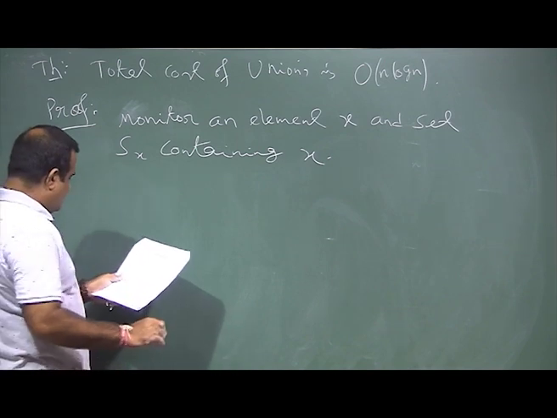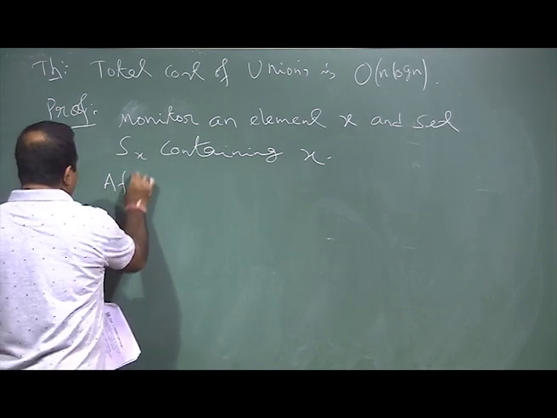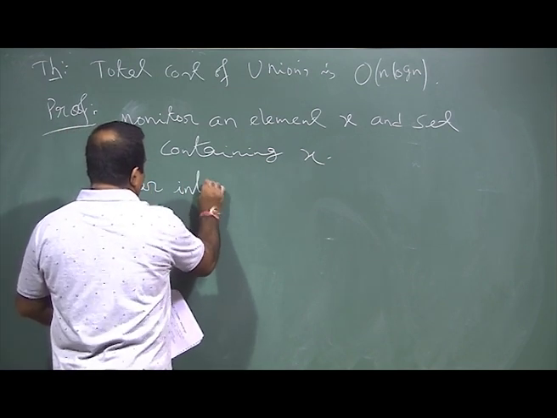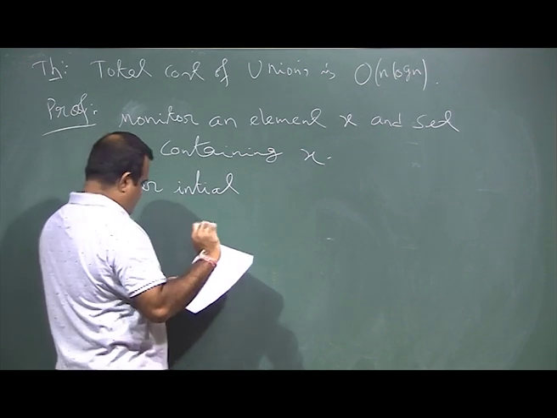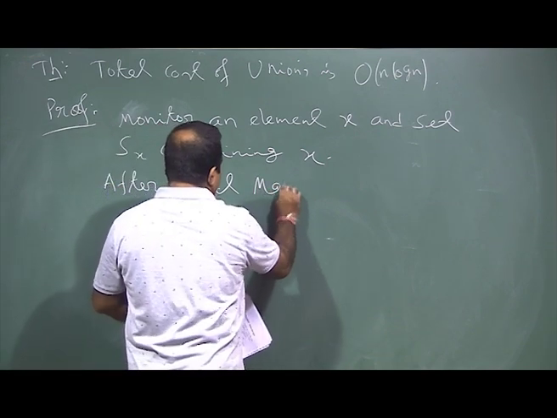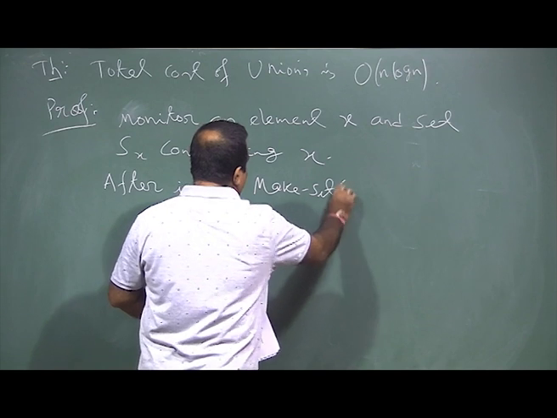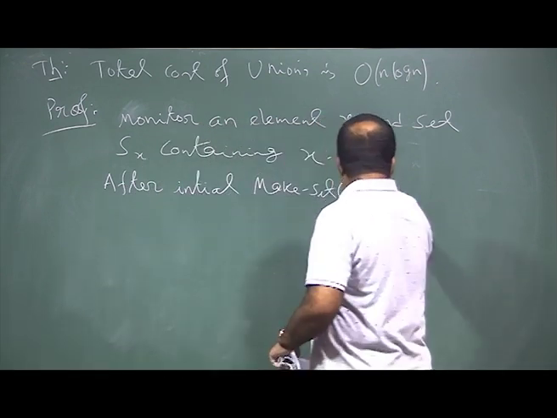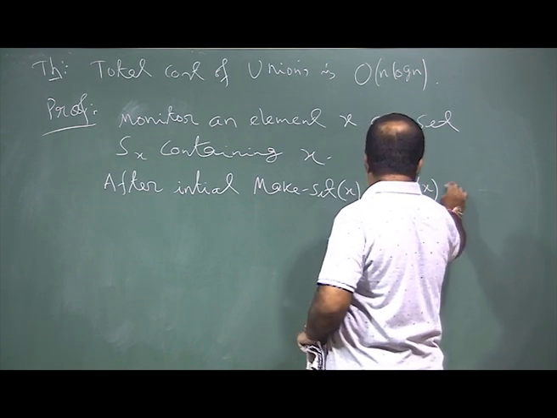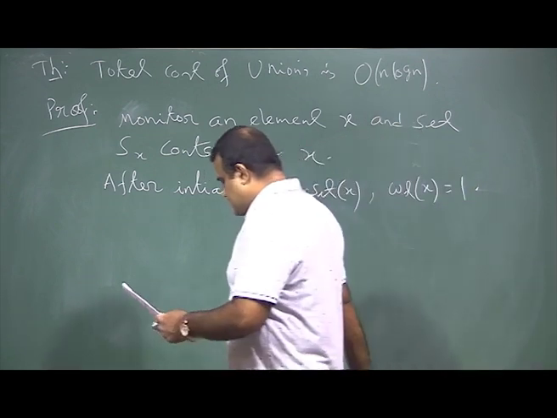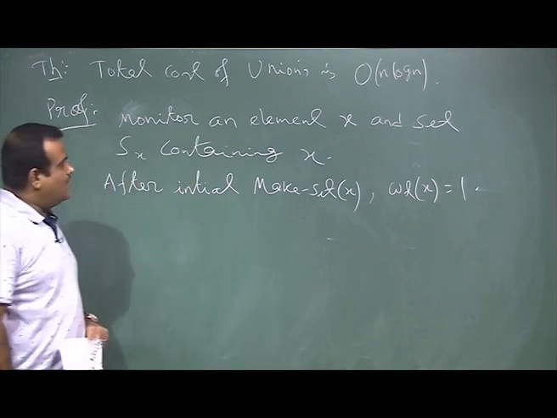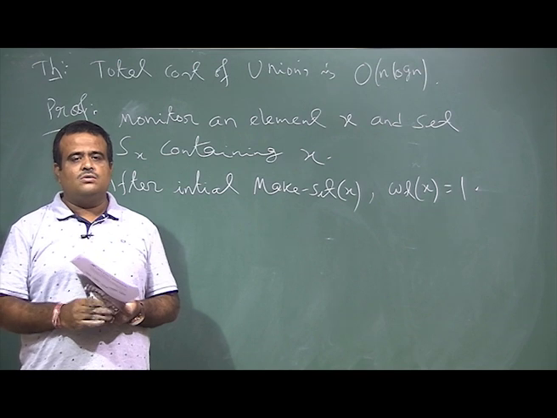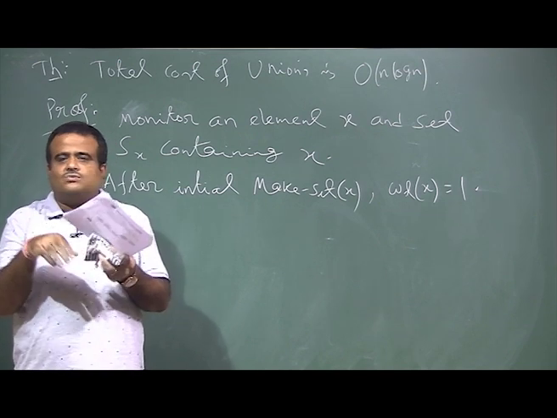How to prove it? How are we getting x? After the initial make set, we got x by doing the make set operation. At that time the weight of x is 1, because it is a singleton element, and in the union operation we merge x with some other y.